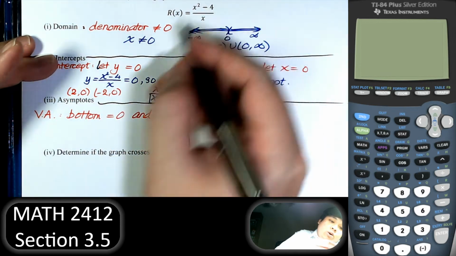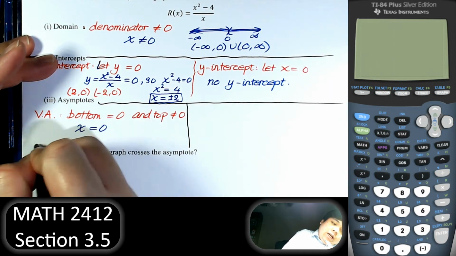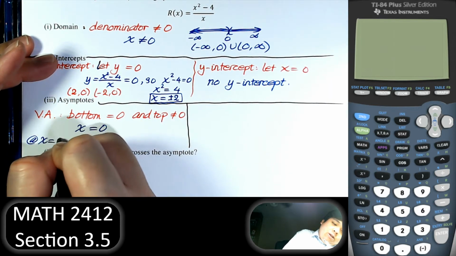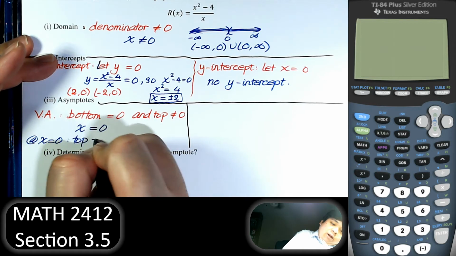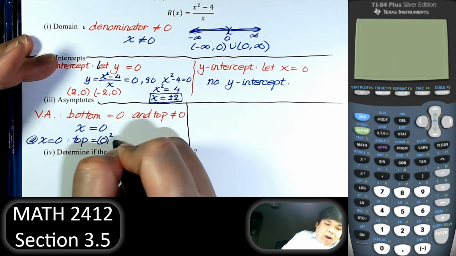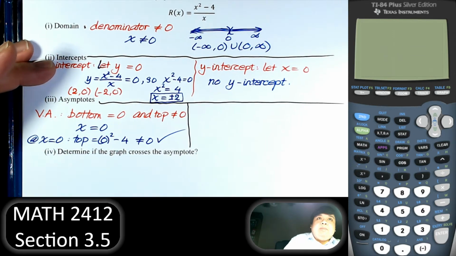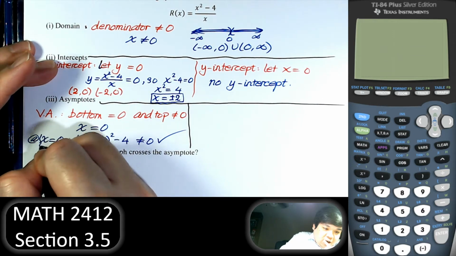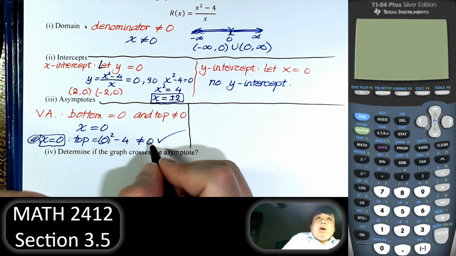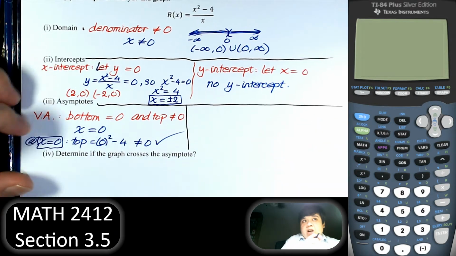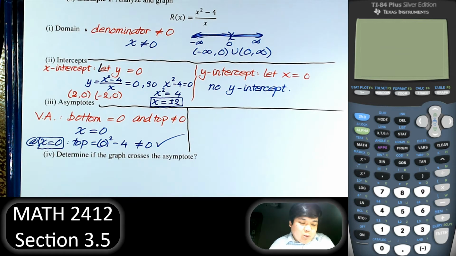Bottom equal to 0 gives x equal to 0, and at x equal to 0 the top, x squared minus 4, is not equal to 0, which is good. The bottom is 0, the top is not, which is exactly what we want.